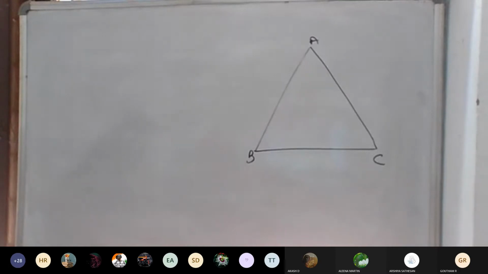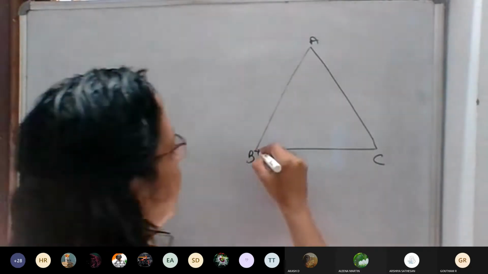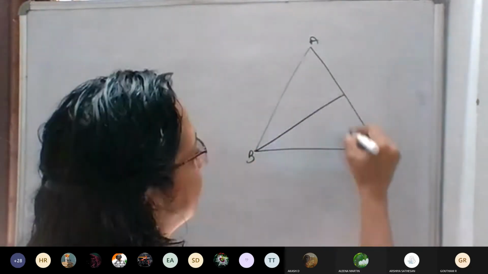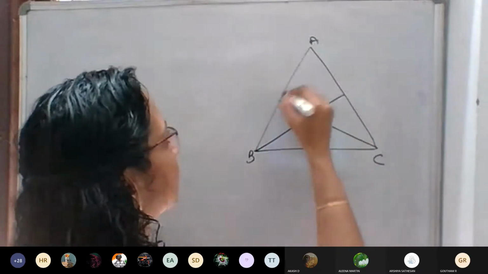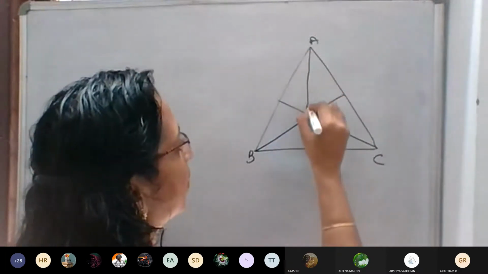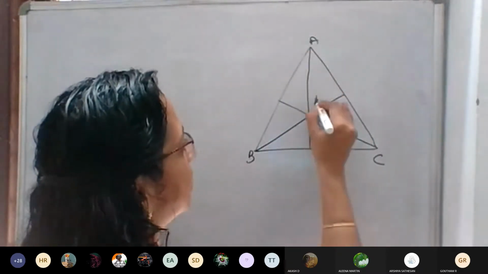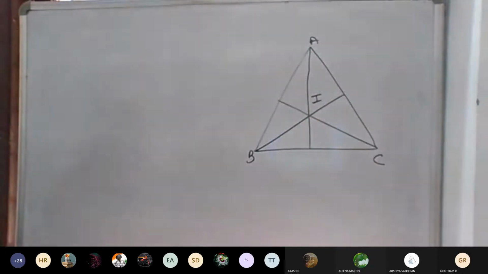Perpendicular bisectors of the sides of triangle ABC meet at I. Perpendicular bisectors means we are drawing like this way now. The perpendicular bisectors meet at point I.